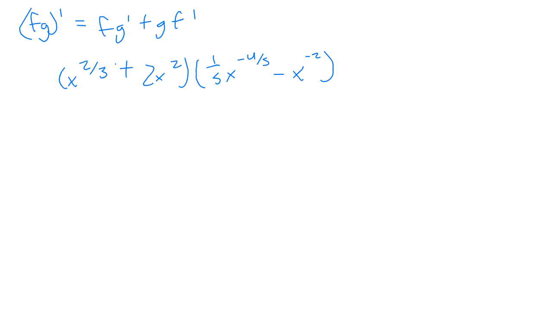And then we're going to add all of this to our g of x, which is going to be x to the 1/5 plus x to the negative 1, times our original f, which is, times our f prime, which is going to be 2/3 x to the negative 1/3 plus 4x.